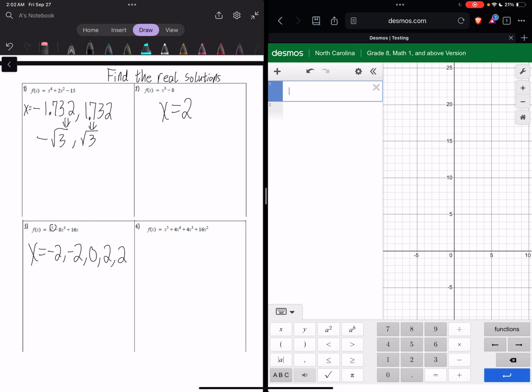Alright, last one. Plus 4x to the fourth. That's a minus, not what I wanted.